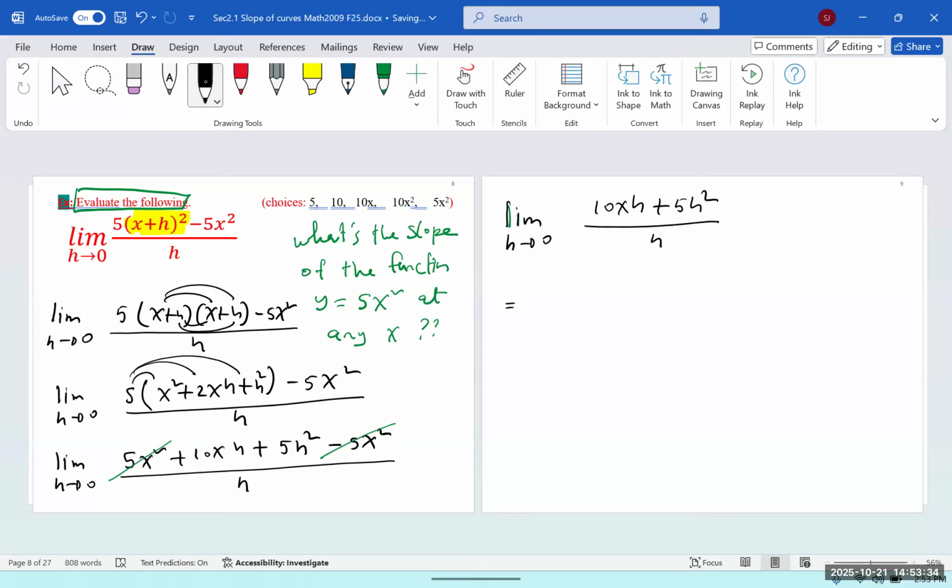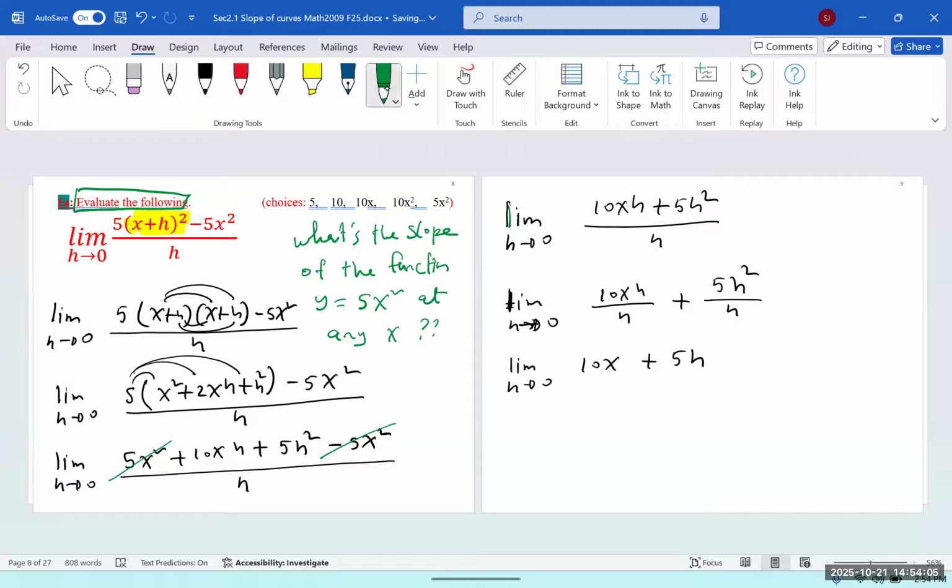You can split that into 2 pieces, or you can take h as a common factor. 10xh over h plus 5h squared over h. That gives us limit h goes to 0 of 10x plus 5h. I'm doing algebra, nothing else, just algebra.